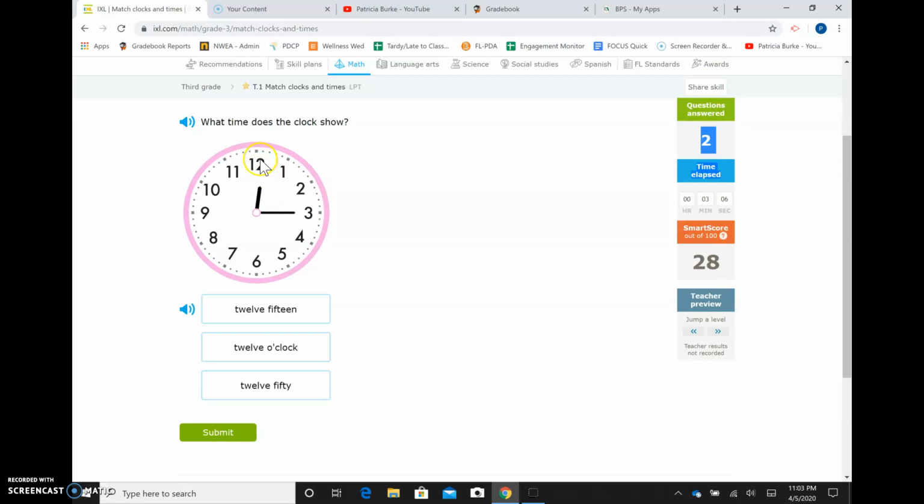Now remember, when we do our minutes, we're going to start up here at the 12, which represents 0 minutes. And we are going to skip count by 5. We're going to jump to every dot that has a number. So count with me, Seth. There's 5, 10, 15. So 15 minutes when your long arm points to the 3. So we are at 12:15.